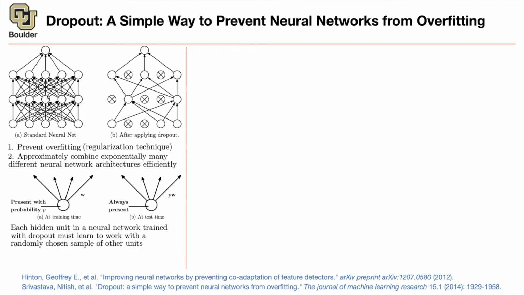If I were to form groups in your class, in each session, I would randomly associate you with other team members. This way, you don't learn to rely on person X all the time to do your work. Otherwise you do some of the work, the other person does other parts of the work, but you depend on each other. That's called co-adaptation. In our neural network, we don't want that to happen.